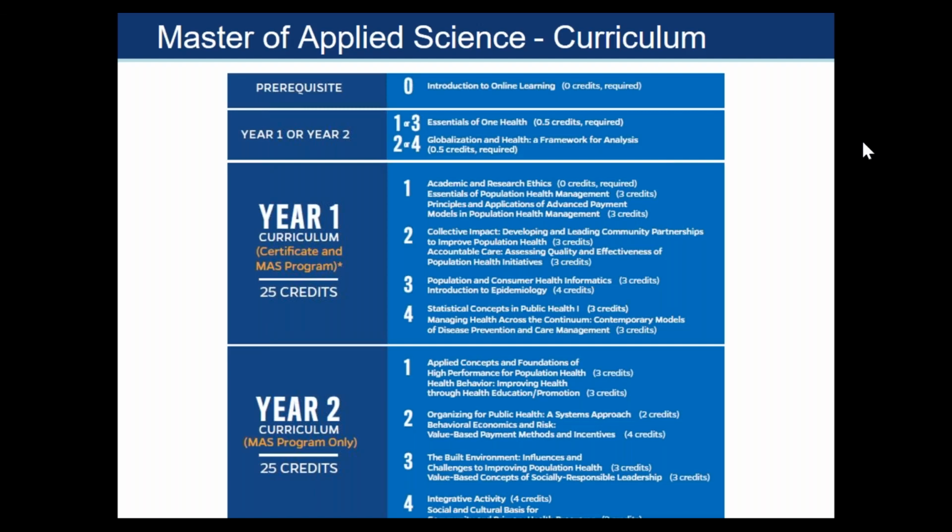We also look at behavioral economics and how we can use risk and value-based payment methods and incentives to change behaviors, not only within our organization, but also thinking more broadly about our population as a whole.